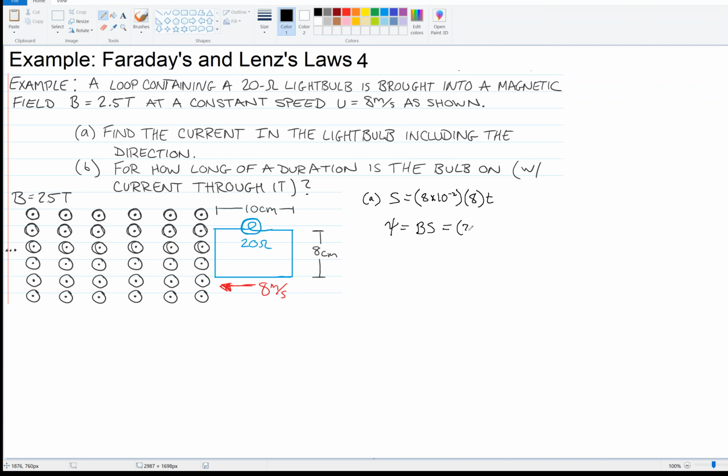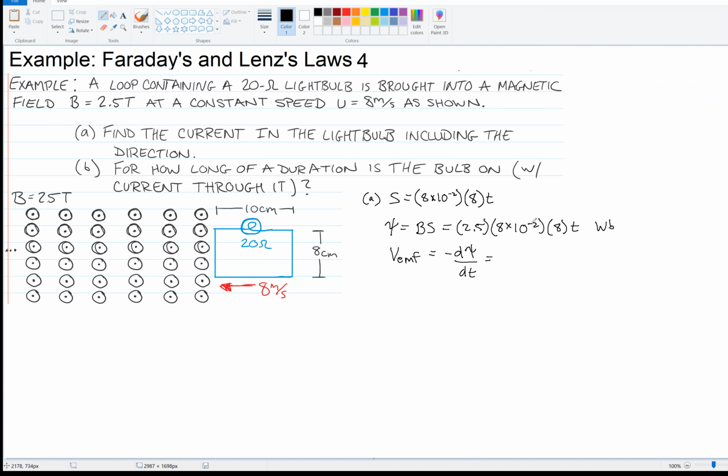And so we have 2.5 Tesla times 8 times 10 to the minus 2 times 8 times t, Weber. Okay, so now we get an EMF according to Faraday's law, which is negative d psi dt.